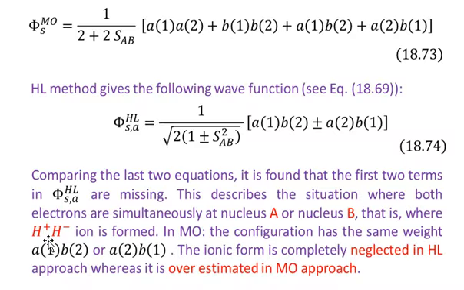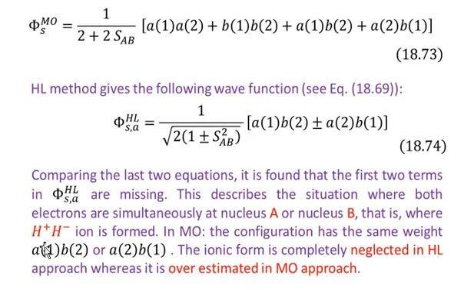The product of these two functions actually corresponds to the case that the two electrons are either with nucleus A. So A of 1 and A of 2 means that electron 1 and electron 2 are both with nucleus A. And the case B of 1 and B of 2 indicates that electrons 1 and 2 are both with nucleus B. You know that in either of these cases, we have the product of H positively ionized and H negatively ionized.